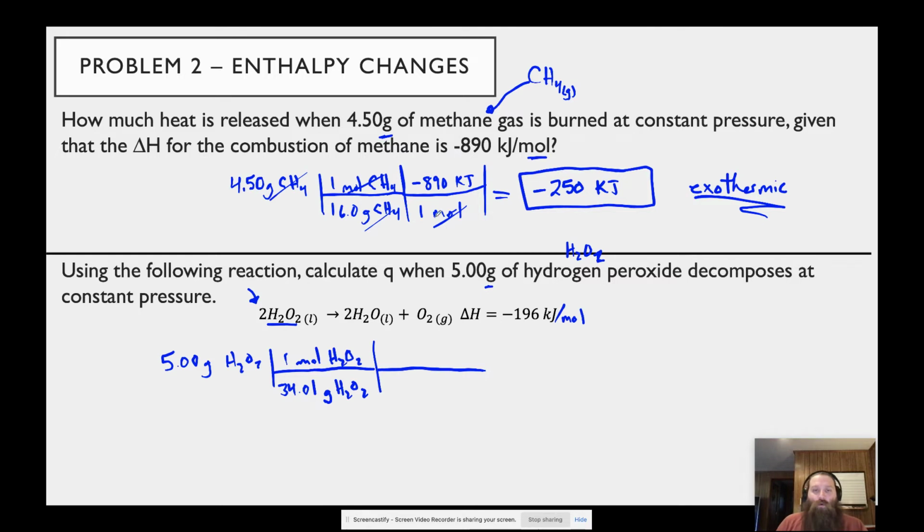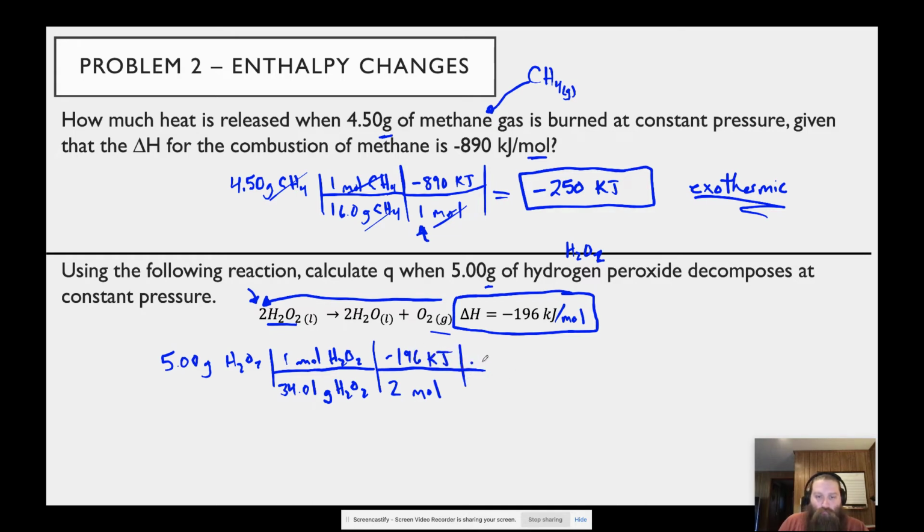In the first setup we did, we had 1 mole, but in the second one, we have to do 2 moles, because in this specific instance where it's giving us a delta H for a reaction, it is taking into account the fact that that's a 2. And so I'm going to put 2 moles on the bottom and negative 196 kilojoules on top.